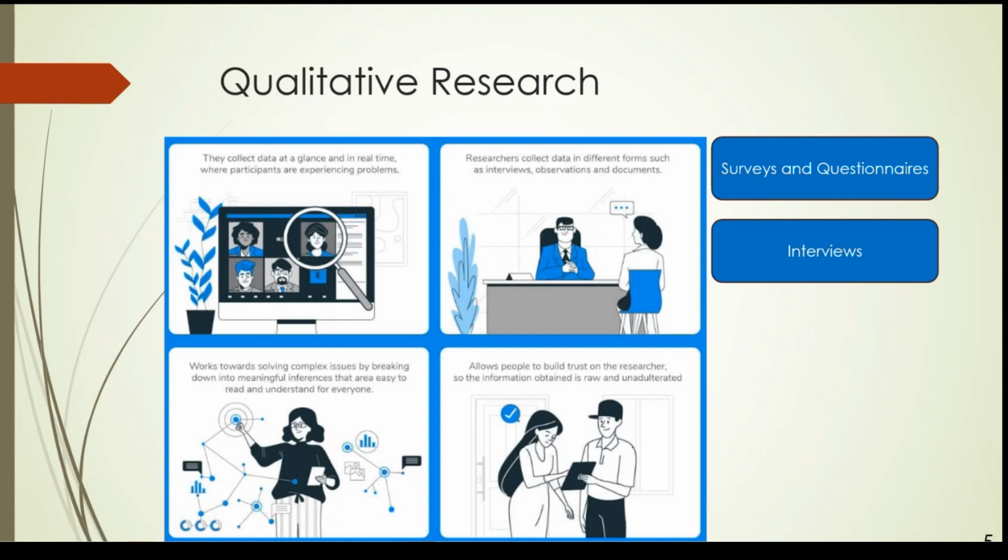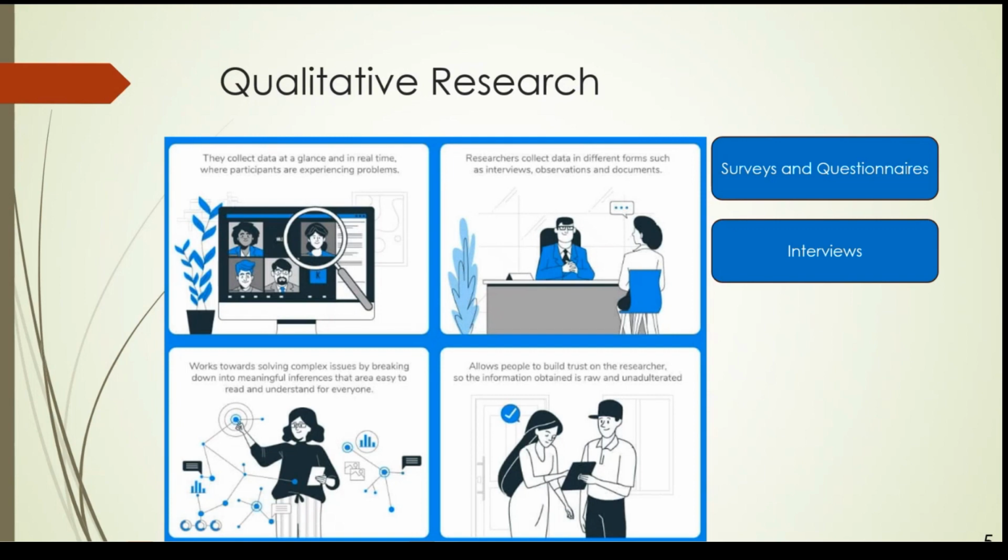It depends on your research question, whether it is to identify or to understand a certain quality. Most research begins with qualitative research, and then later on they use quantitative data to confirm the qualitative research.